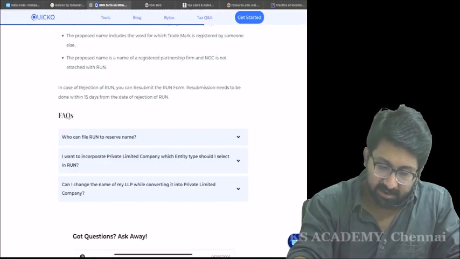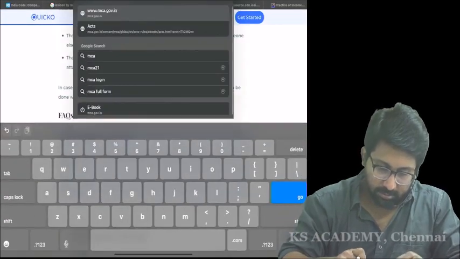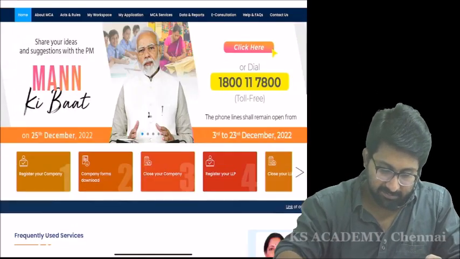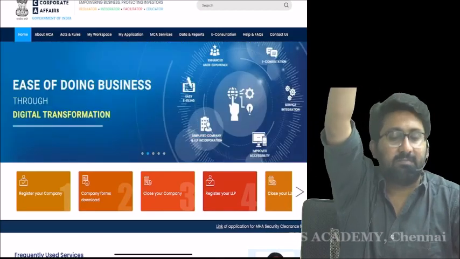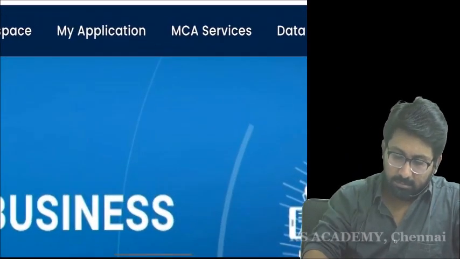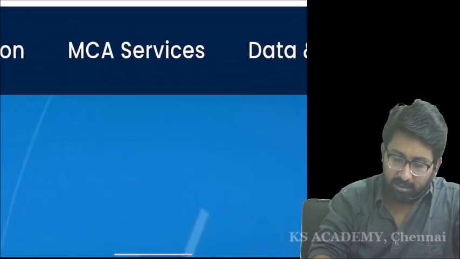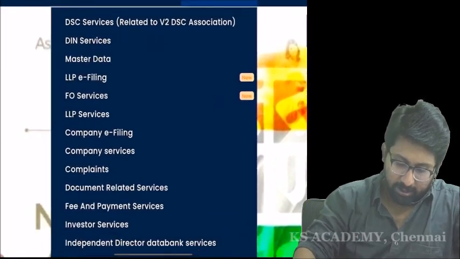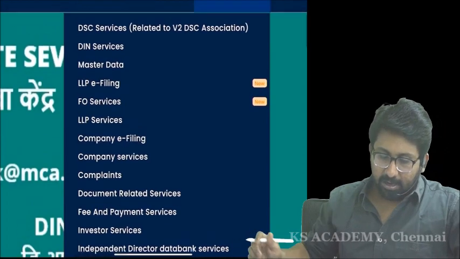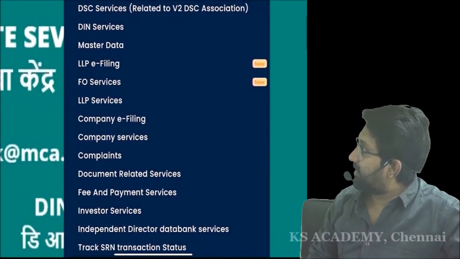Everyone please see the screen. See here. What is this block? Okay, I'm clicking on that. If you see here, these are all the services MCA will give us.